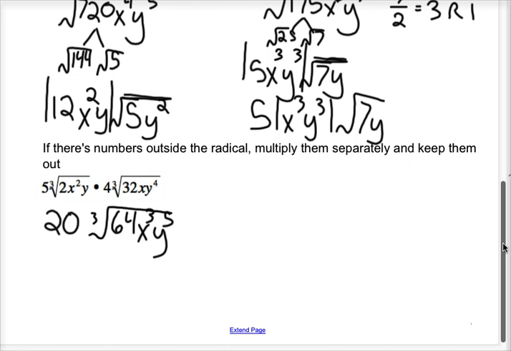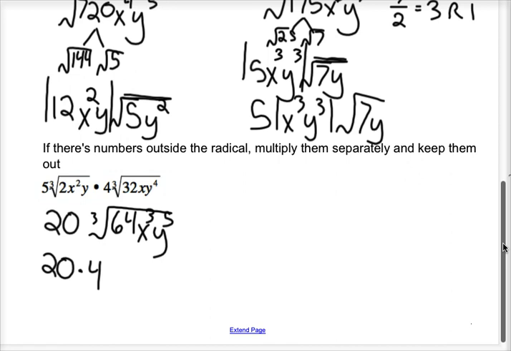Well, now I have to consider what comes out. Well, the neat thing here is that 64 is actually already a perfect cube, okay? So the 64 just comes right out. Now that 20 stays outside with it, so I'm just going to show that 20 is still multiplying out front. It's multiplying whatever else is coming out. All right, x to the 3.